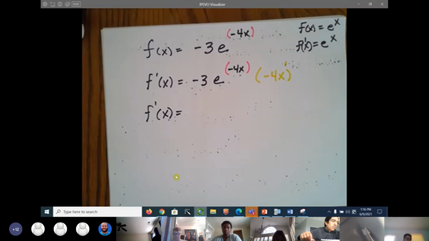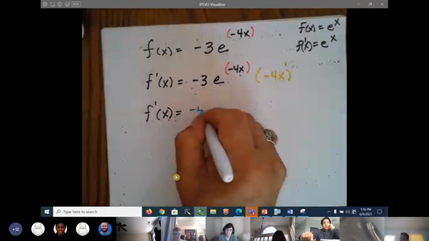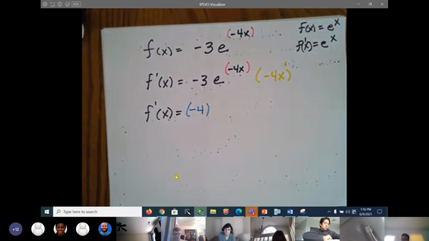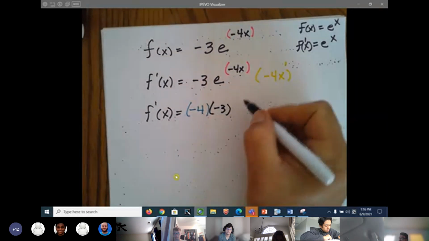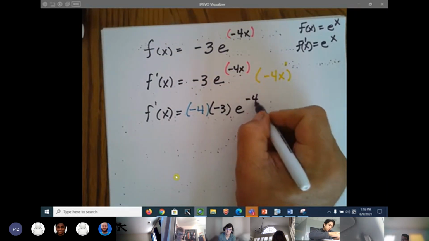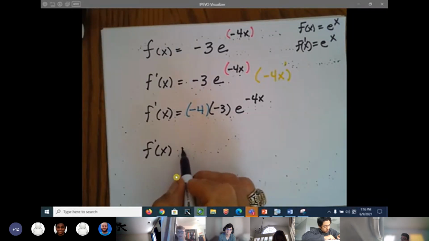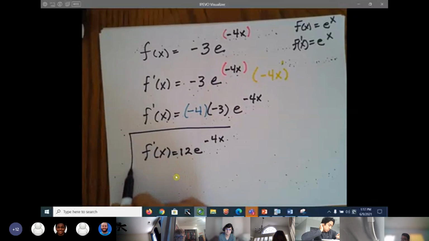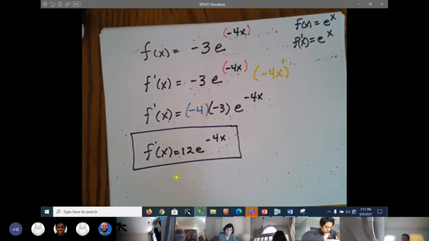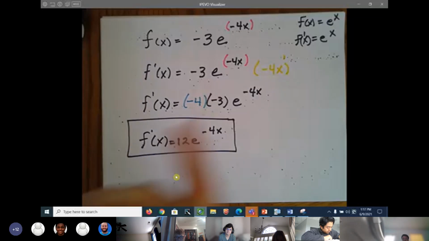And I'm going to put that negative 4 right here with this negative 3 e to the negative 4x. And our final answer is 12 e to the negative 4x. Now you might want to write that one down and let it soak, because that is a test question.